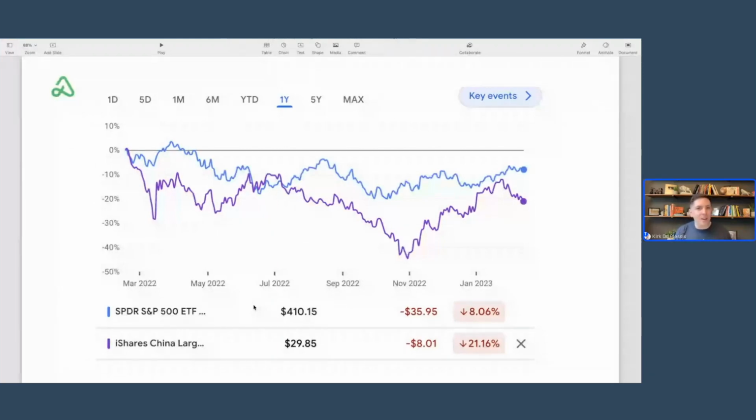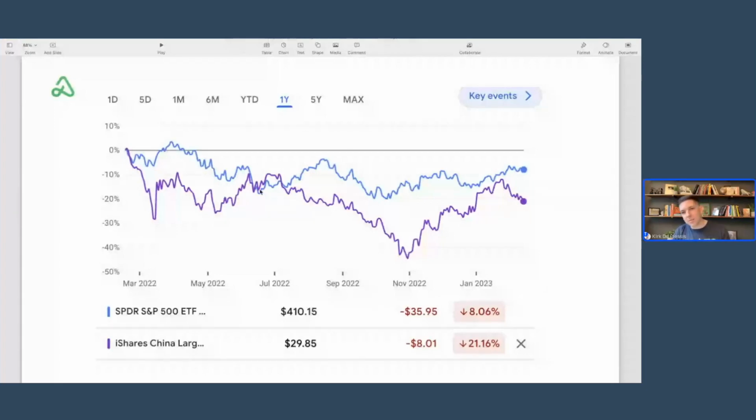Is everything going to be perfect? No. You will never get a perfectly uncorrelated basket of securities. But what you can do is at least not trade the same market indexes all over the place. And notice here, this is just SPY versus FXI. Notice that what you're looking for is baskets that don't always move together.